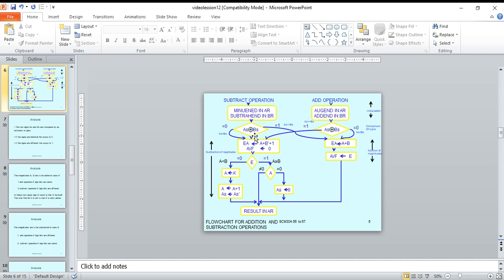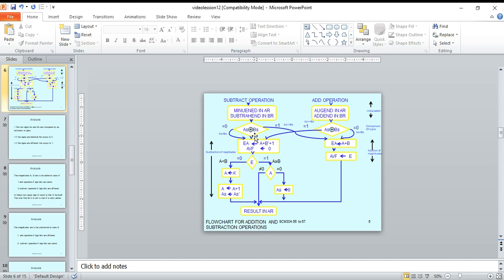For example, plus A and then minus, and I want to do the subtraction operation between the two numbers, and then minus B: plus A minus minus B. For that subtraction operation, we have to do the addition. Why? Because minus into minus is plus, so we'll go to the plus A plus B operation.